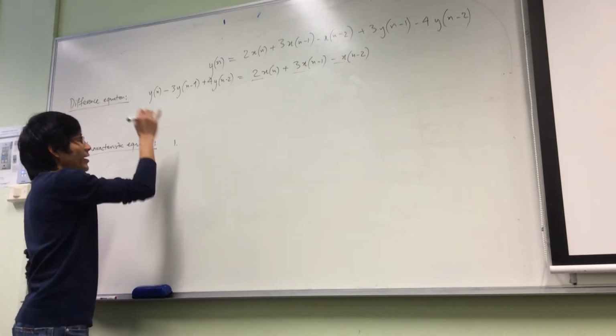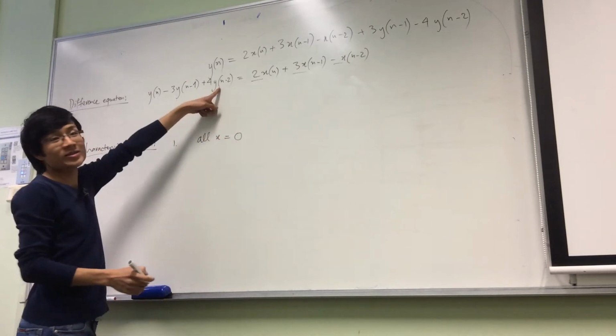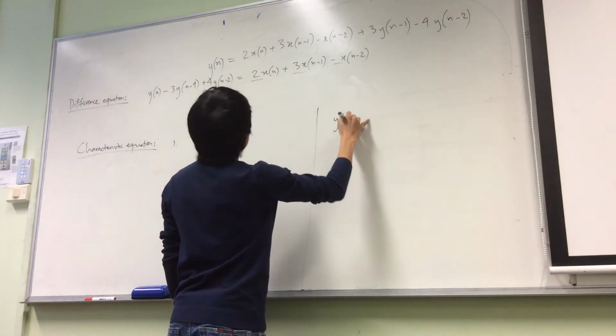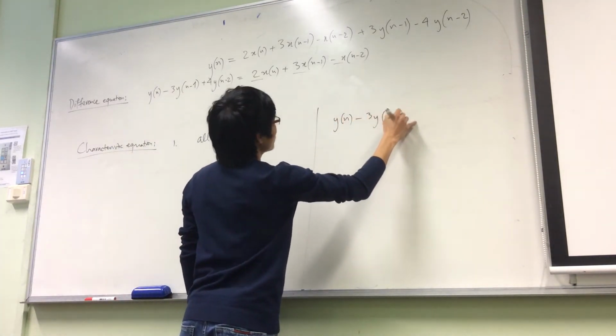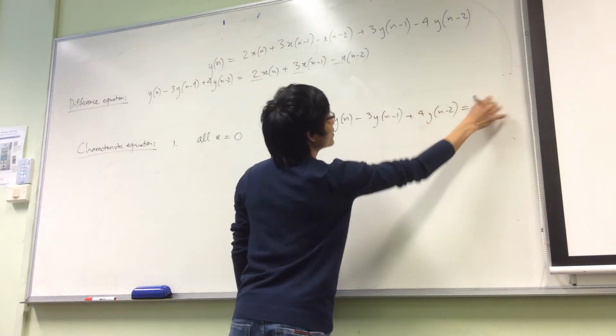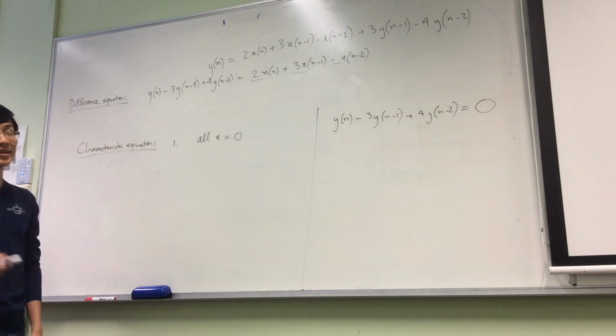Step 1, make all the x equal 0 from this. So I will move everything to the other side: y[n] minus 3y[n minus 1] plus 4y[n minus 2] equals 0. This is step 1, because the x is 0.